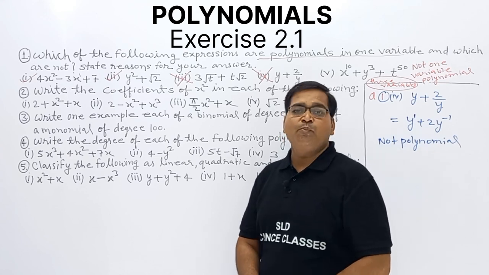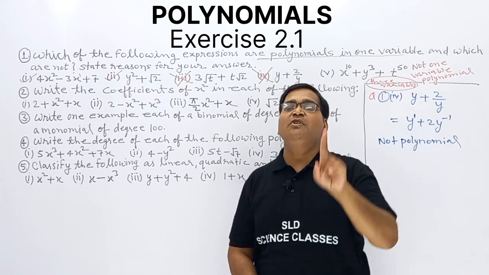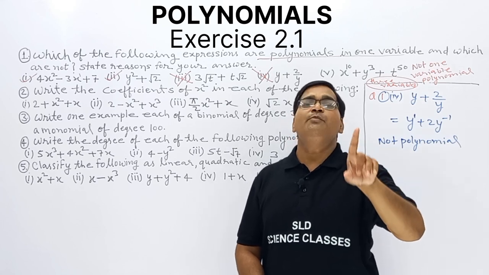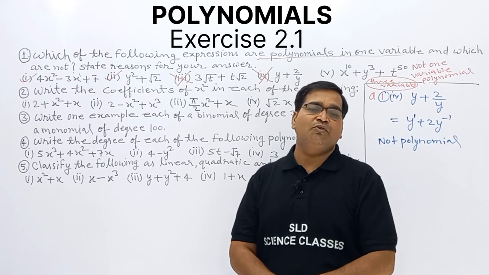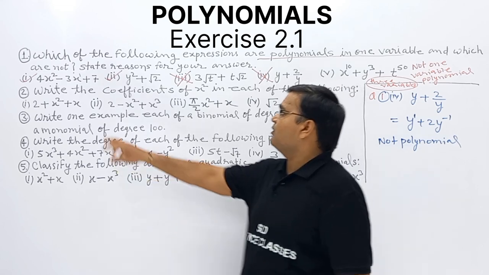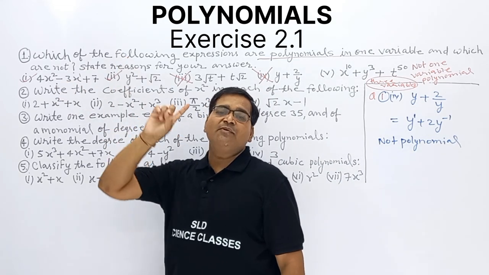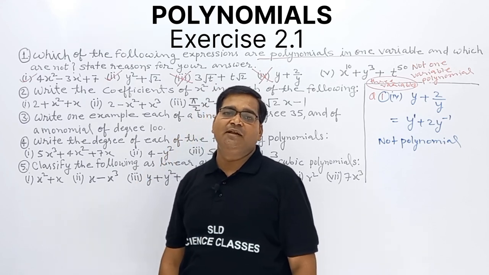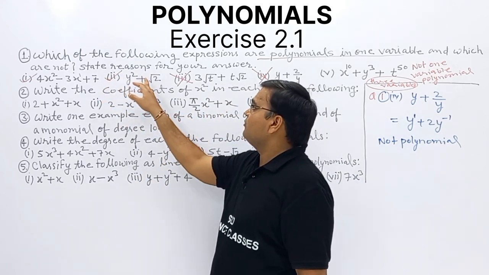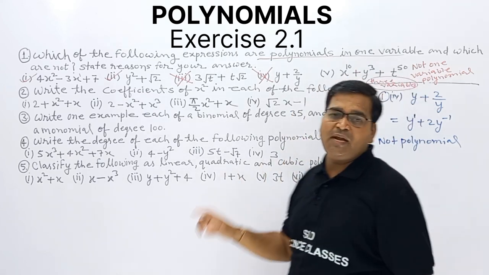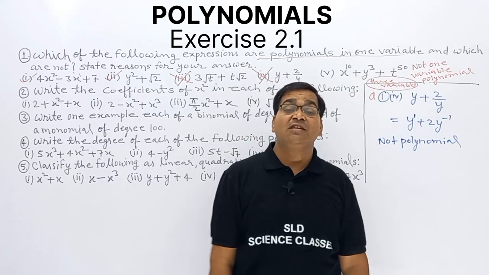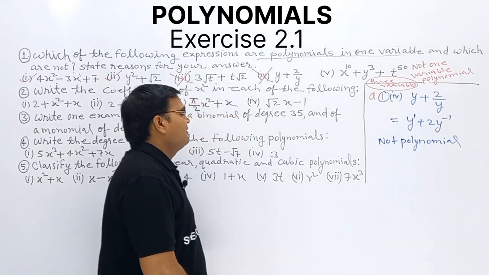And one variable means we have only a single variable, like x or y. But this one is not a one variable polynomial, it has 3 variables. So it is a 3 variable polynomial.